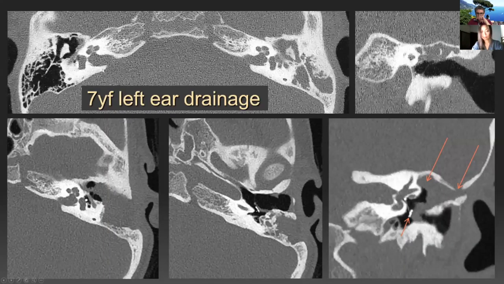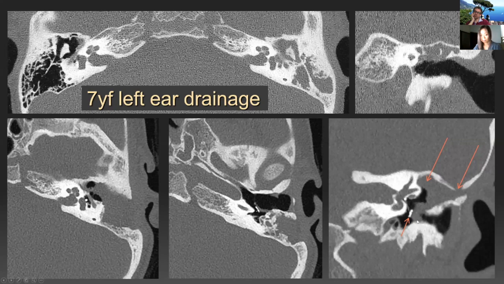However, second case is of a similar history and finding, again, diffuse opacification under pneumatized sclerotic mastoid, ossicular erosion, displacement, blunting of scutum, pars flaccida cholesteatoma.